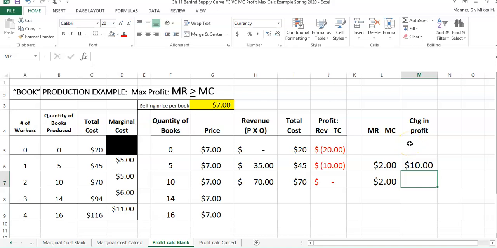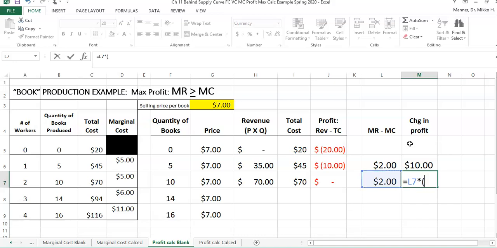And here we have to make a slightly more complicated calculation of the change in profit. So here we have the marginal revenue, how much our profit goes up by each extra book. Emphasize extra book that the second worker helps us produce.